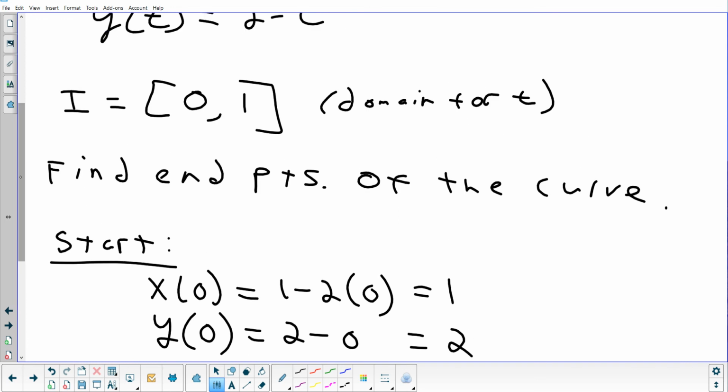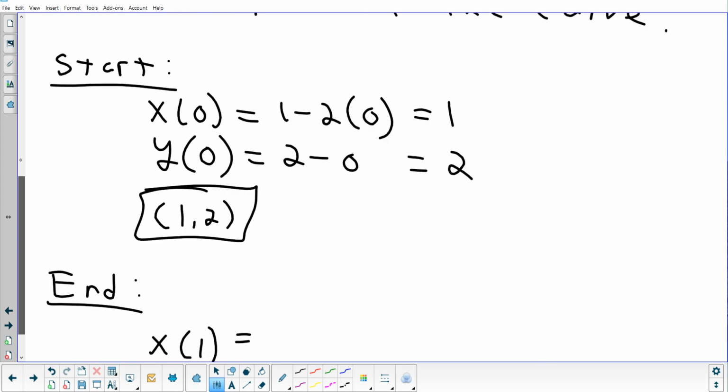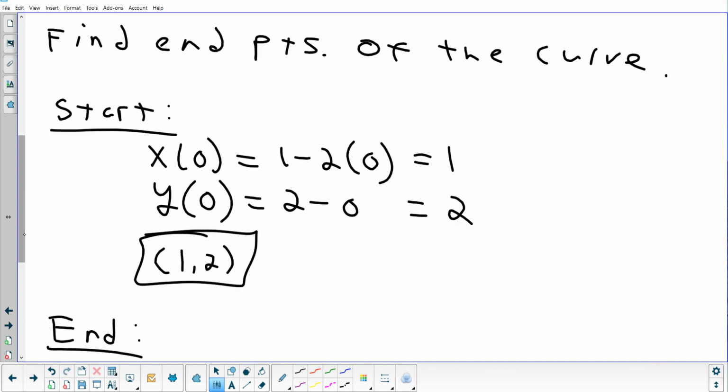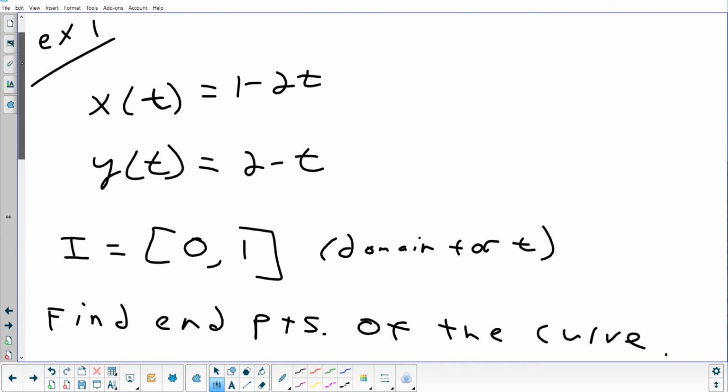Okay, so what are we going to plug in for t to figure out where this curve ends? Michael? 1. So you're going to do x of 1 and y of 1. So 1 minus 2 times 1 and 2 minus 1, right? Yeah.